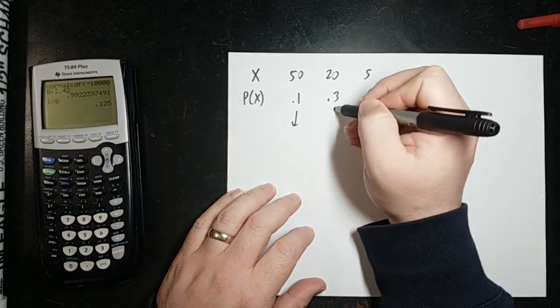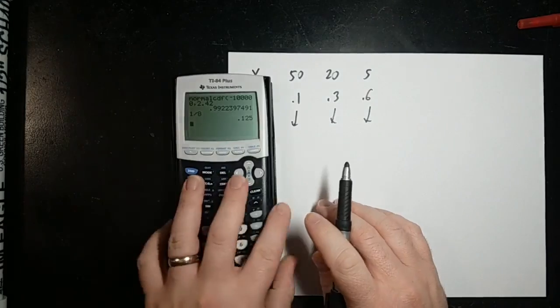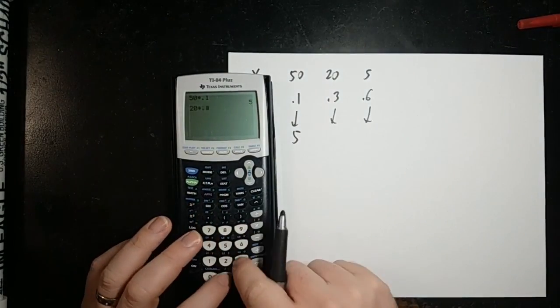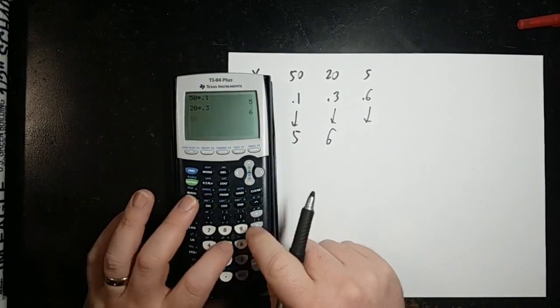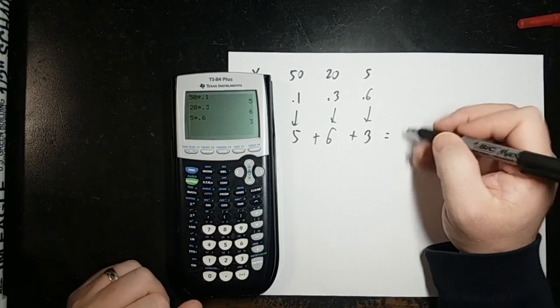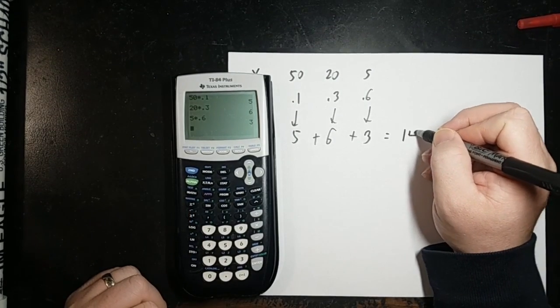If you simply multiply these together and then add them, what is that, 11 plus 3? The answer is 14.